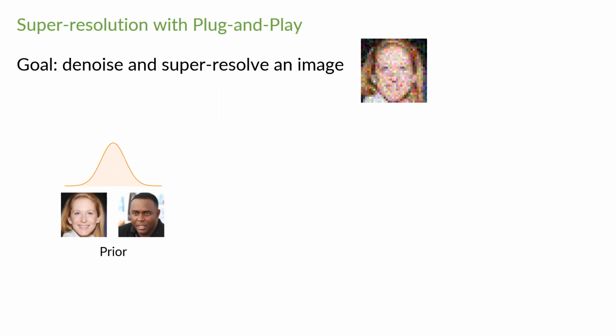So for example, a setting here is that we want to perform a task where we want to do denoising and super resolve this image. And as you can see, this face image is low resolution and very noisy. So the high level idea behind a Bayesian-based or a plug-and-play-based method is that you are starting with a prior. So for example, here my prior is a generative model that generates faces.